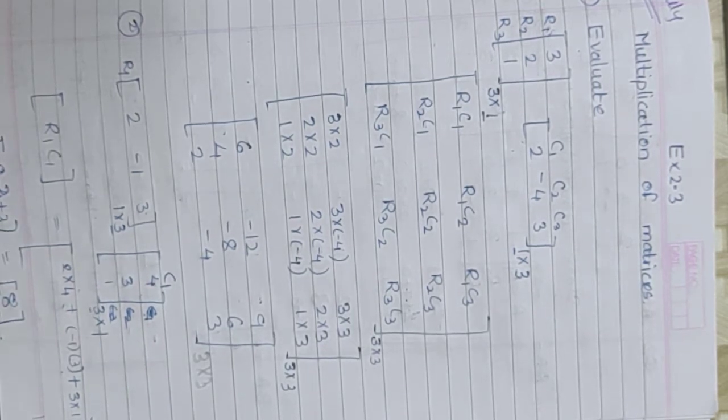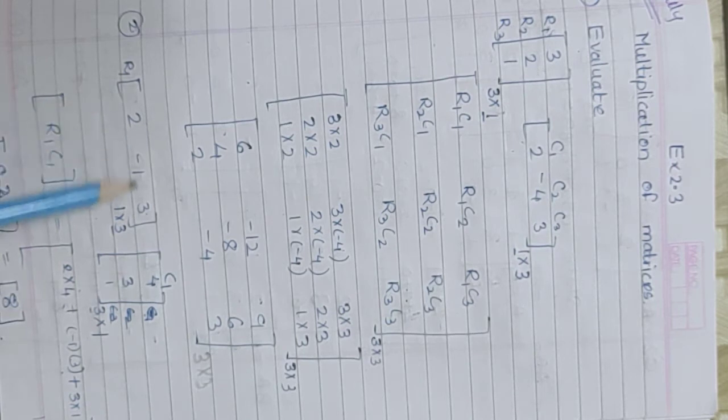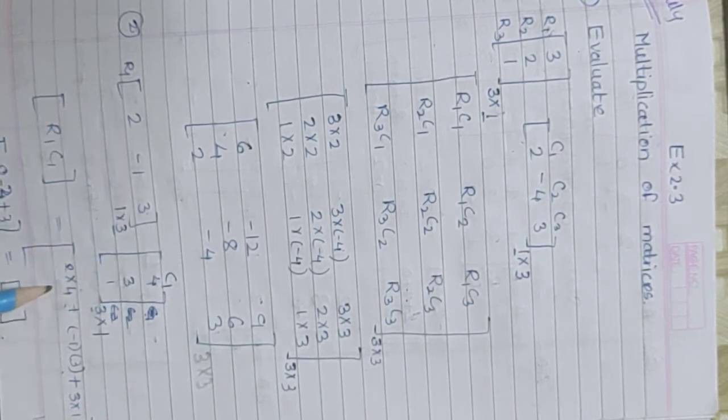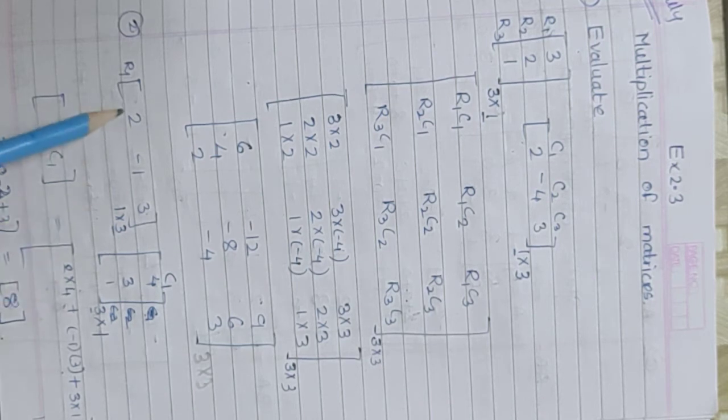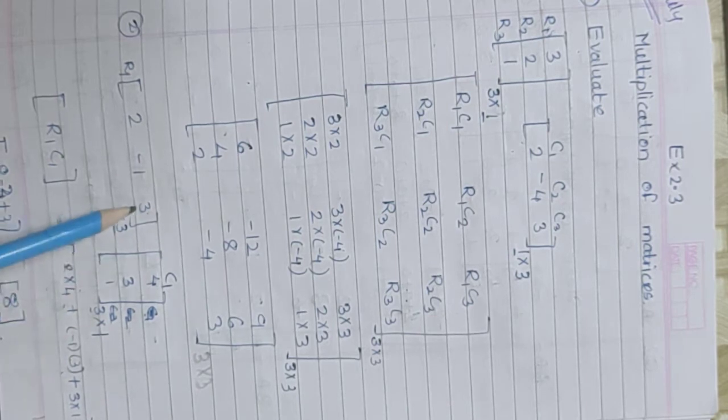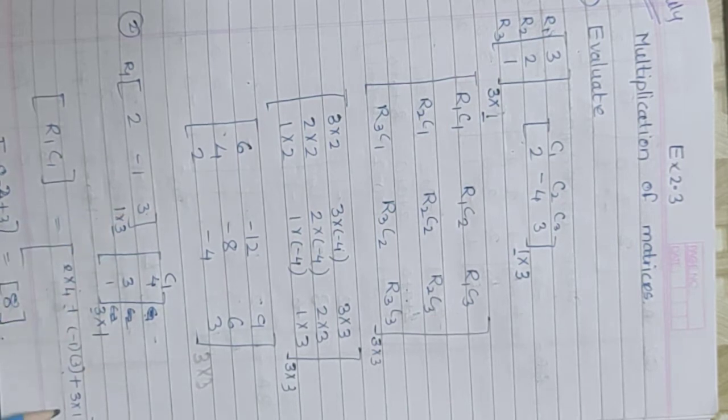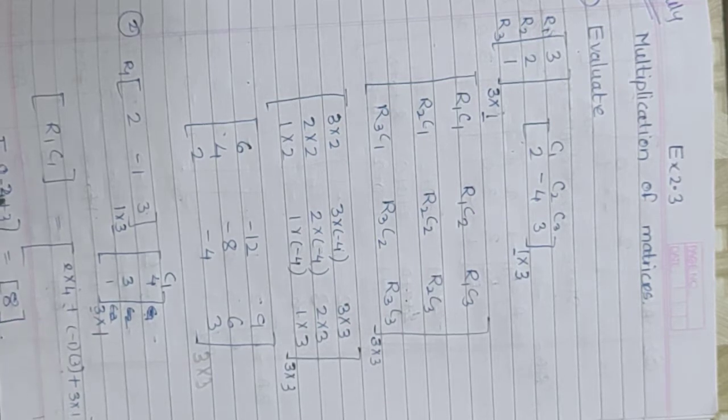So now how to multiply? Row by column. Here only one row and one column is there. So 2 into 4 plus minus 1 into 3 plus 3 into 1. Simplify: 8, minus 3 plus 3.